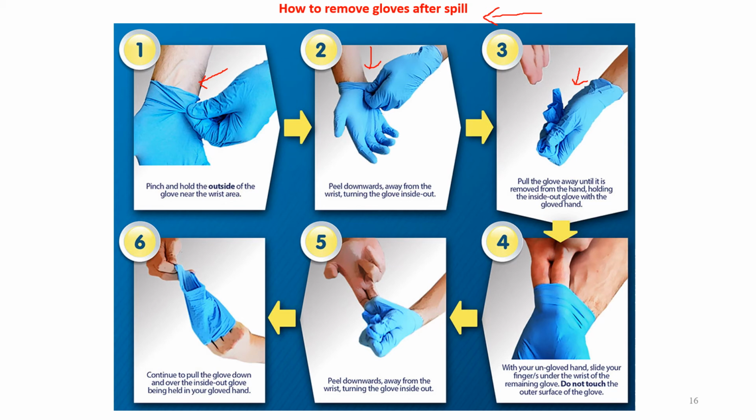And then last, continue to pull the glove down and cover the inside-out glove being held in your gloved hand. In this way you are not allowing the spillage or chemical to touch your other body parts, your lab coats, or any other things.